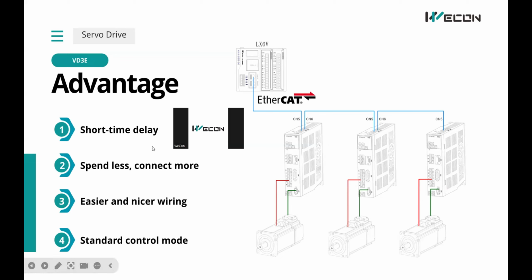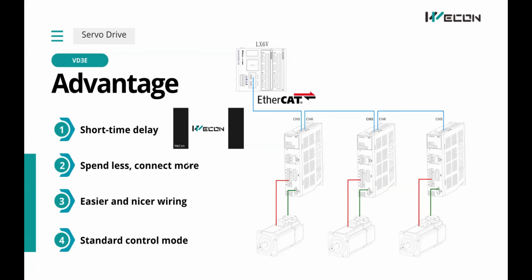And the second advantage is spend less and connect more. Compared with pulse control, for example, for 3V we can connect a maximum of 4 drivers, and for 5V a maximum of 8 drivers, because we need high-speed output terminals to control our driver.